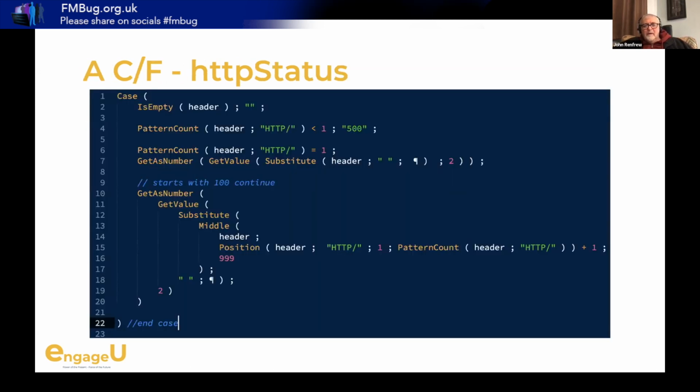A really useful thing, if you haven't already got one, is creating a custom function to parse the headers to find out what the response really was. This just looks for the HTTP string within the headers. If you get back some headers and the first value is 100, which means continue, or a 203, the header you're really after is not the first one but the last one in the list.